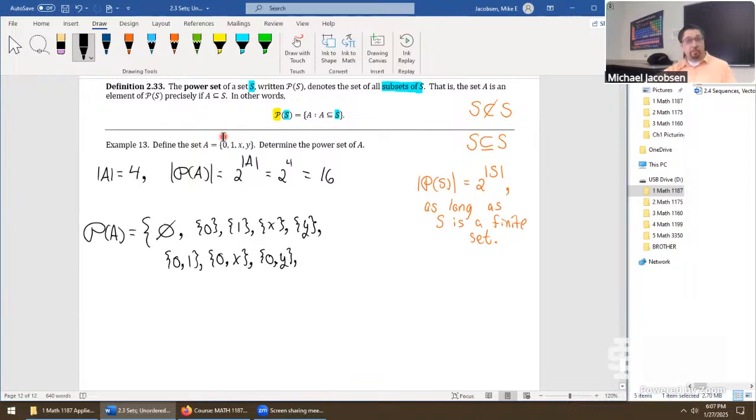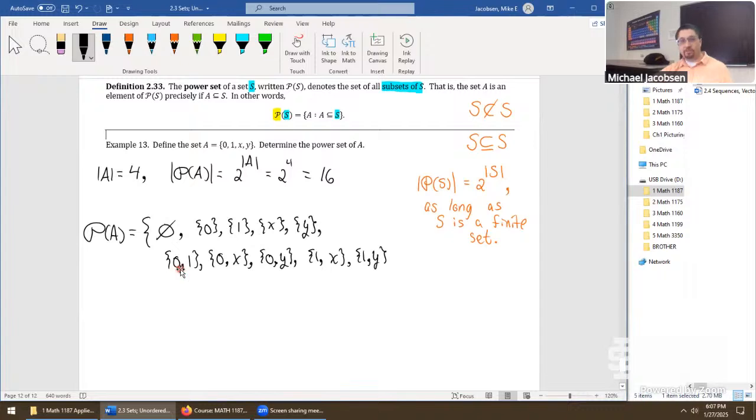To get all the rest of the 2-element sets, the next thing we want to do is lose 0 and move over to 1. So that'll be the set that contains 1. We can take the element to the right of the red dot and throw in X. Then 1 and Y. Now that takes care of all the sets of exactly 2 elements that involve 1.